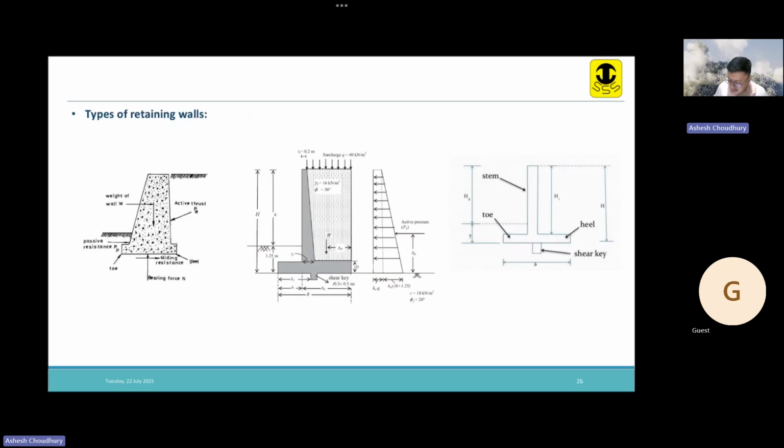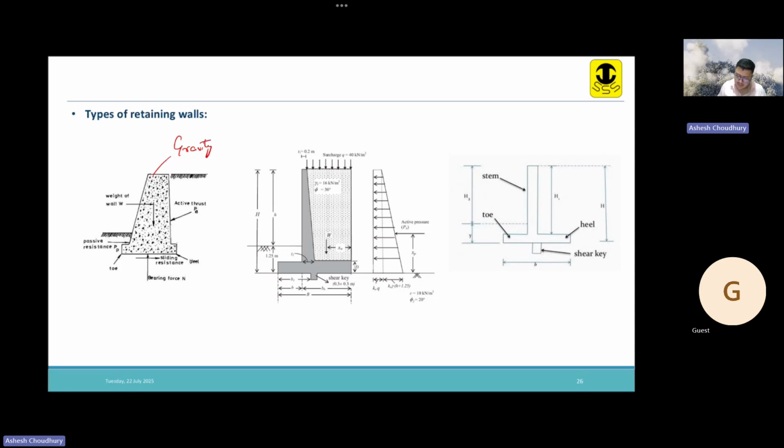Now, what are the different types of retaining walls? You already know these things, right? The first one that we see is the gravity retaining wall, right?